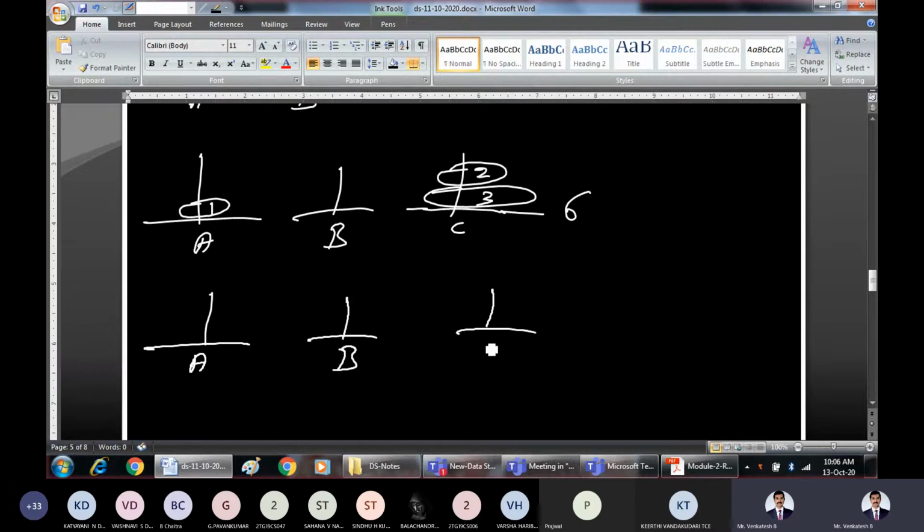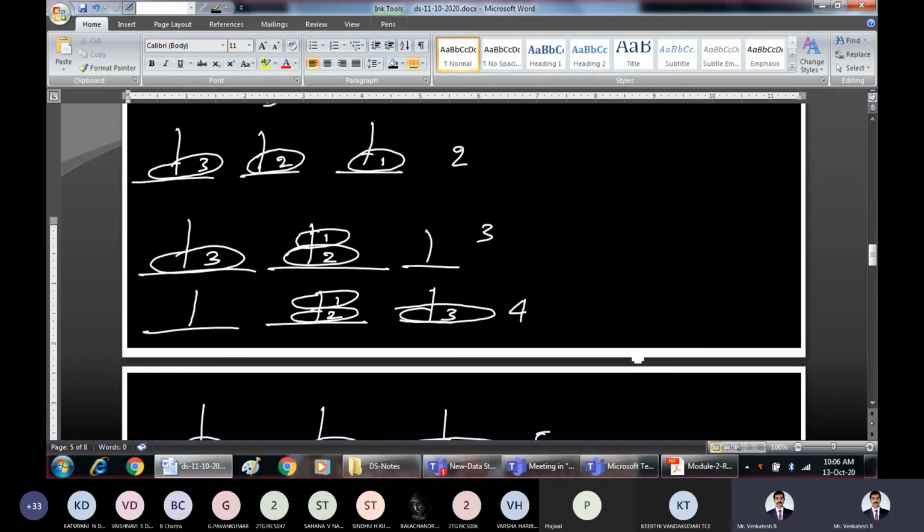Now what is the final movement that I should do? A, B, and C. Finally, let this disk 3 and 2 be here itself, and take disk 1 from A and move it on top of 2. So disks 1, 2, 3 have been moved successfully. And what is the final count? For n equal to 3, the number of moves is 7. This is the minimum possible movement we have to do.